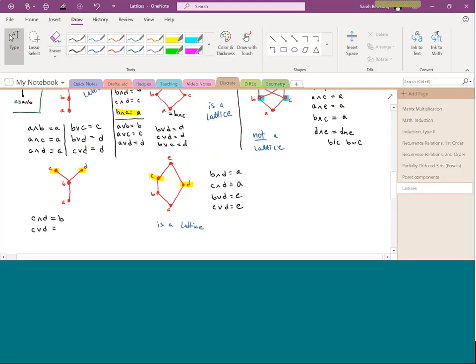In terms of what we have down here, we don't have a join, not because we don't know which one to pick, but because legitimately there is no element that works for both of them. There's no element that C is related to that D is also related to because you don't have anybody above them. This means that because we don't have that join right there, this guy is not a lattice.